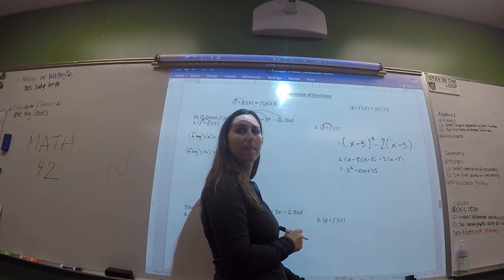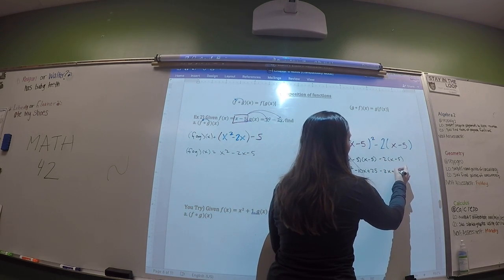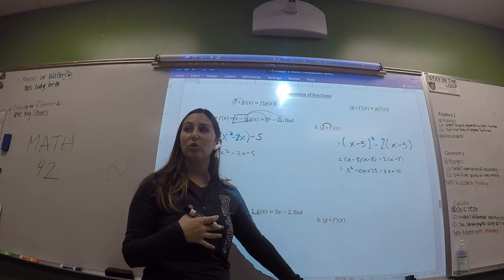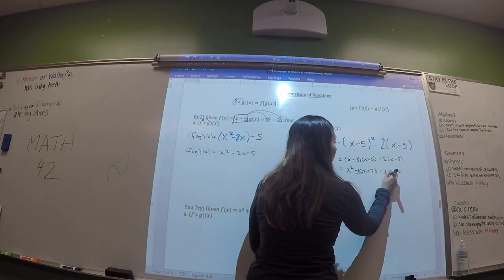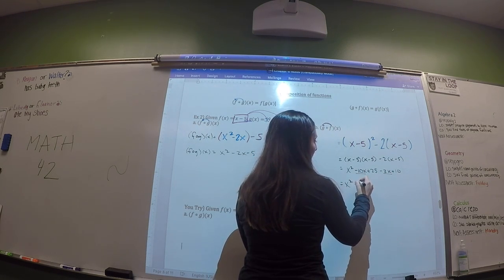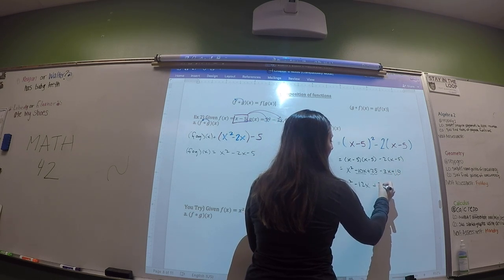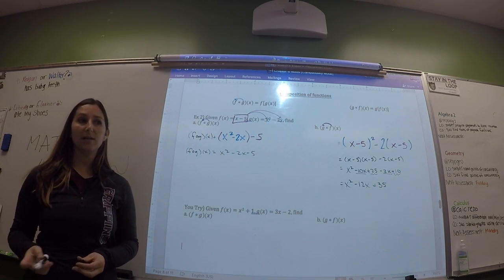Over here, you're going to distribute, and you get that. Then you combine any like terms that you can, so these two, for example, and these two. And that would be your g of f of x.